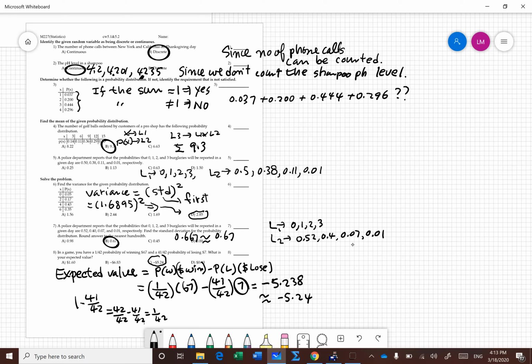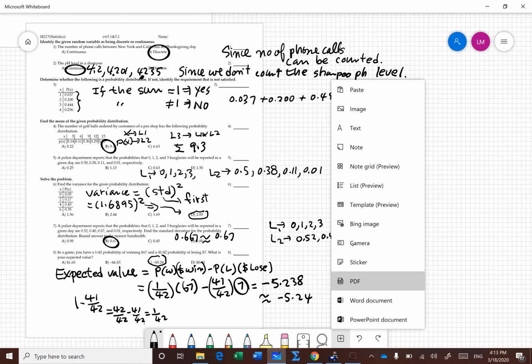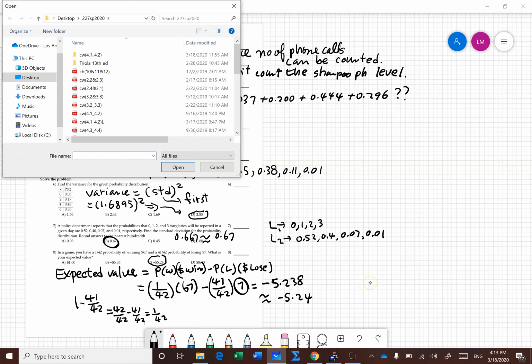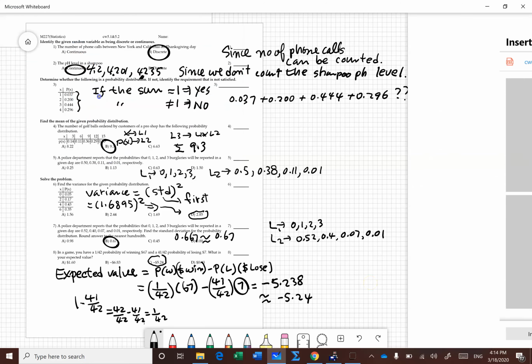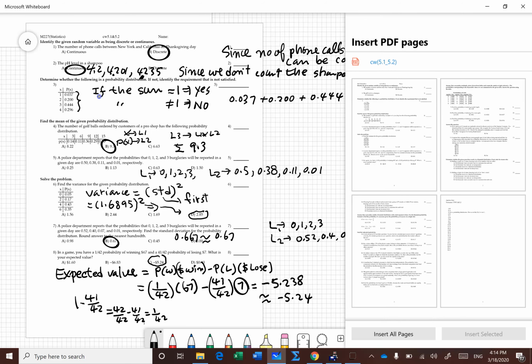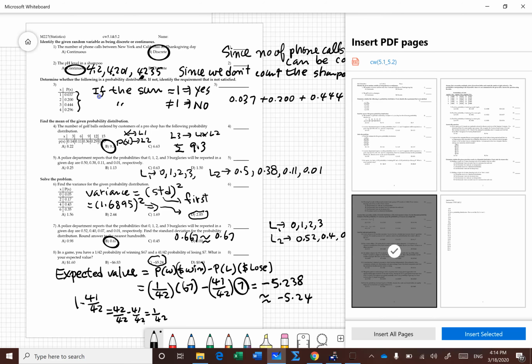All right, so let's get to the next page. This is the first page. Go to the next page. I have to bring the next page here. Which one is the second page? Oh, this is the second page, it looks like.